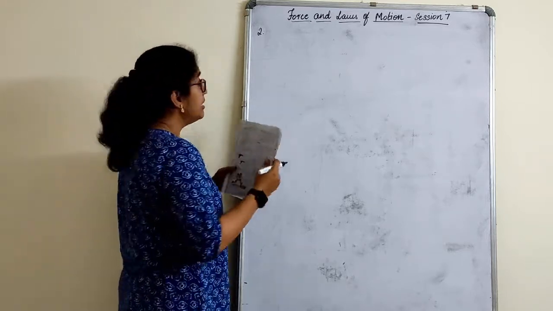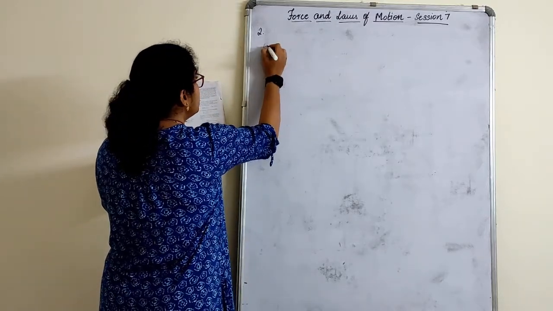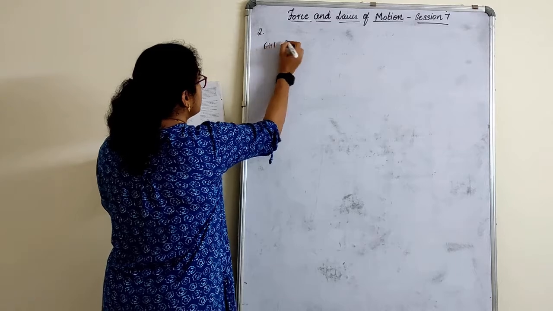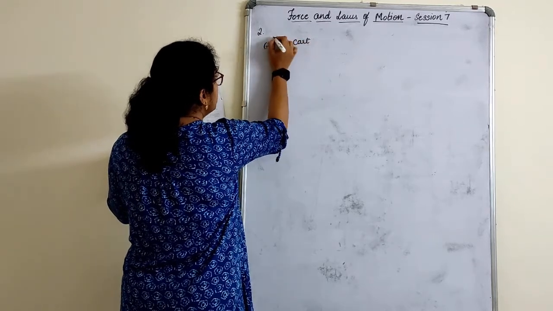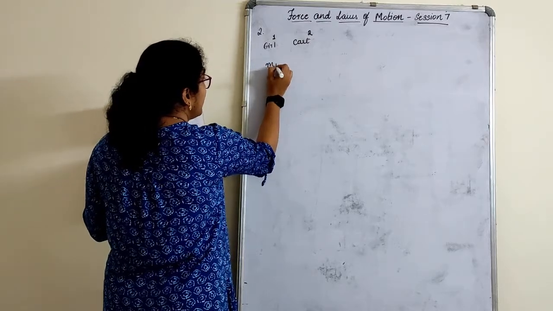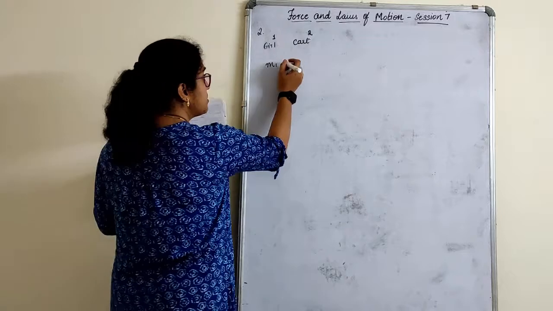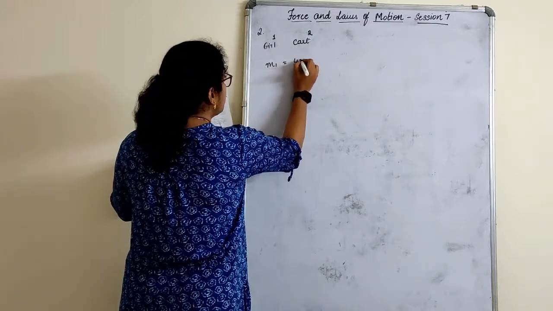Let's understand. Let's first write the given mass of the girl. So here we will consider girl and cart. Girl as 1 and cart as 2. Instead of writing mass of the girl, mass of the cart, let's just reduce that. M1 is equal to 40 kg.